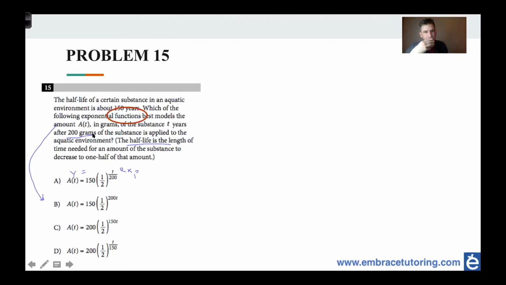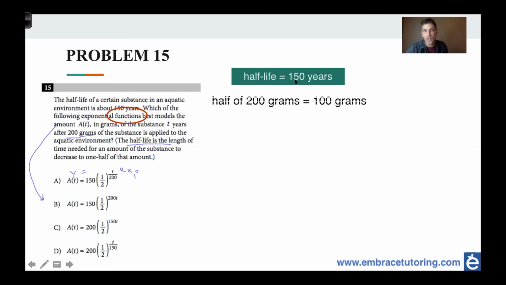And it says, which of the following exponential functions best models? Now, whenever you have questions like this, first identify what the condition is. In this instance, the half-life is 150 years. Then you want to identify what the value would be. This is huge, so pay attention to this.